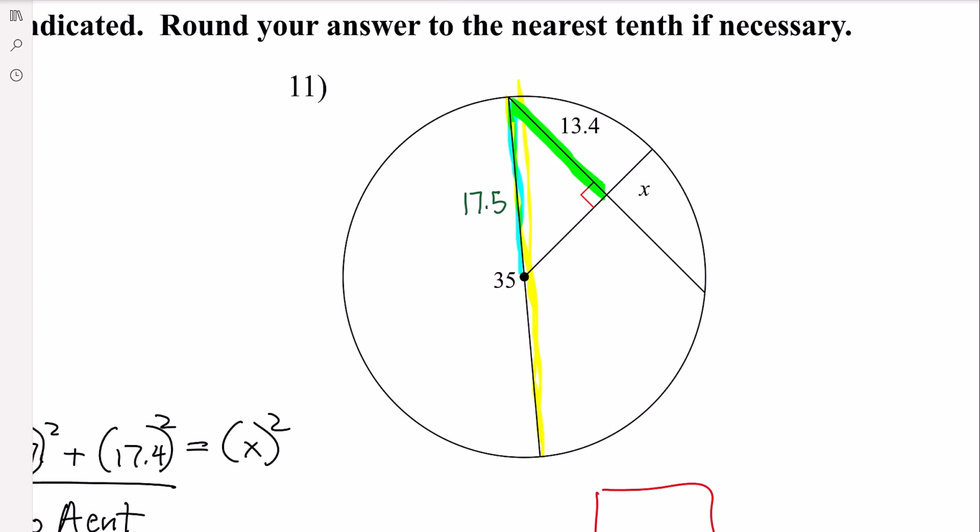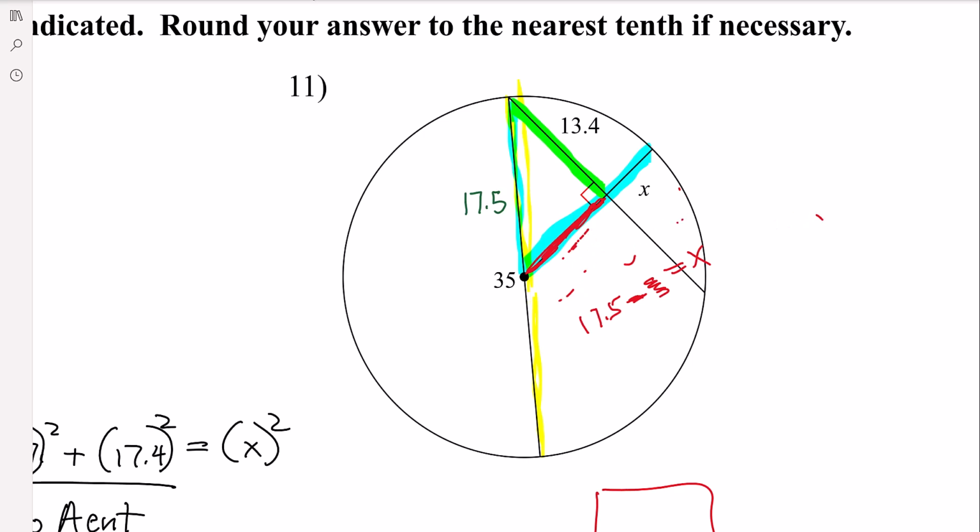Well, we also know this whole length is 17.5. So using Pythagorean, once you know this length, you're going to take 17.5, which is this whole length, you're going to subtract this part, and that's going to give you the measure for x.